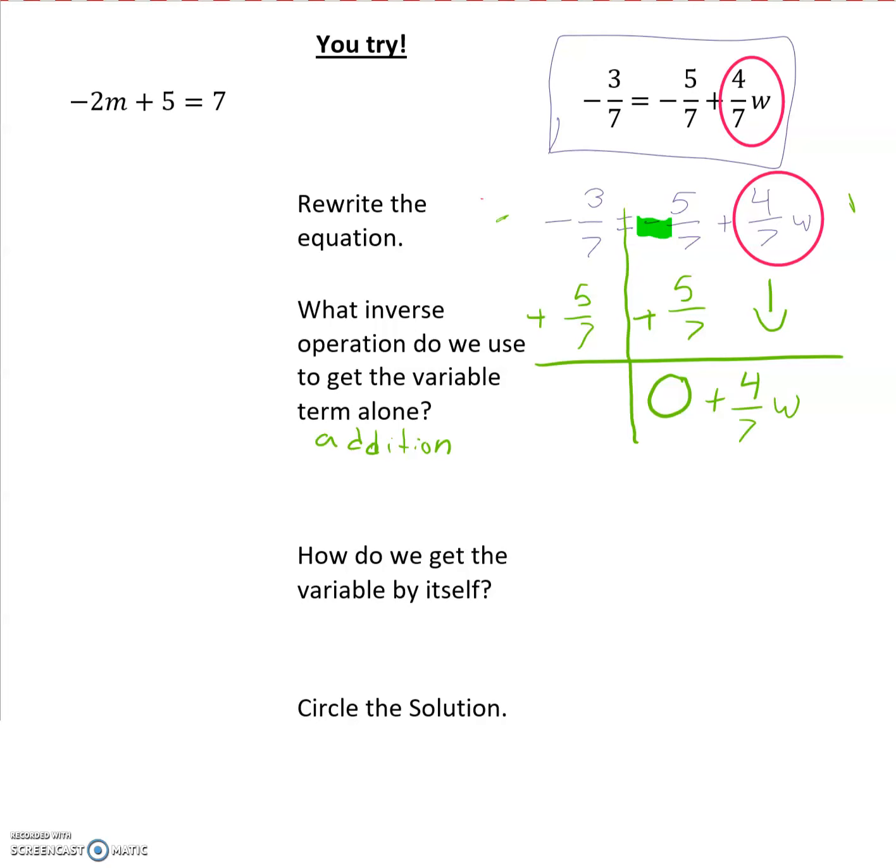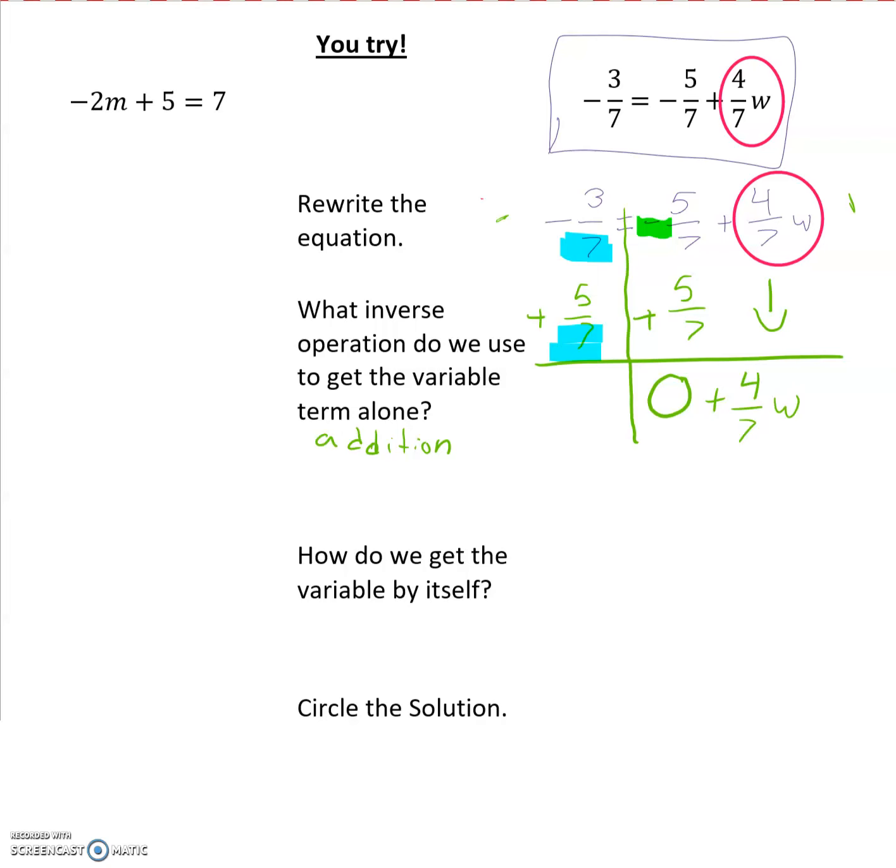Now we can look at our first side. We have -3/7 plus 5/7. When we are adding and subtracting fractions, you always have to have the same denominator. So this bottom number down here has to be the same. In this case, our numbers are already the same, so it's going to be easier for us.